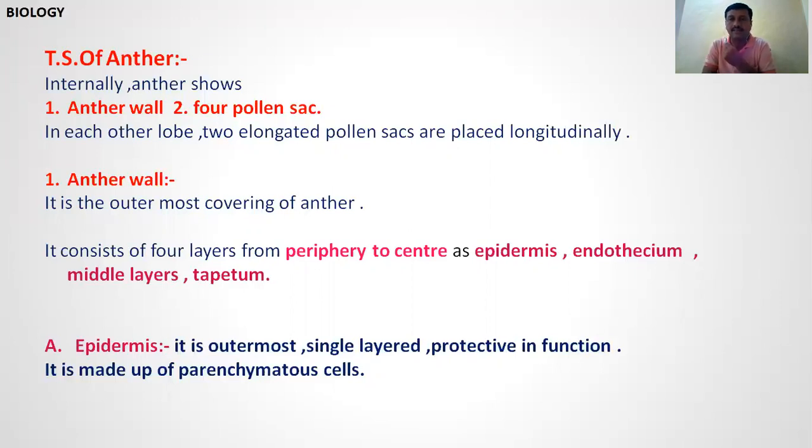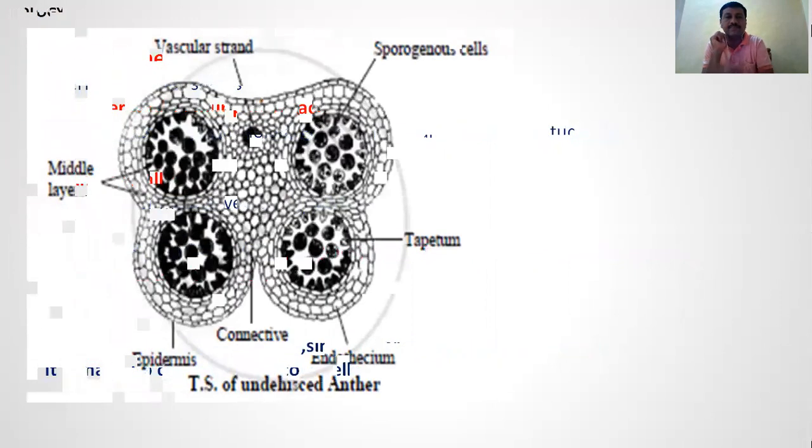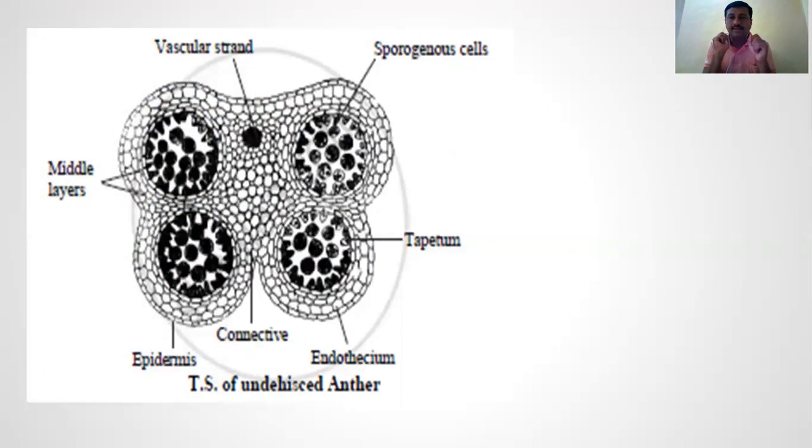It is also known as the tetrad condition. In each lobe, two elongated pollen sacs are arranged longitudinally. This is the bilobed anther.